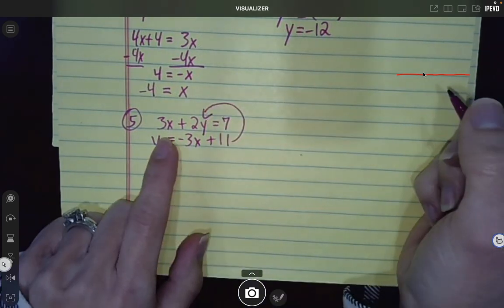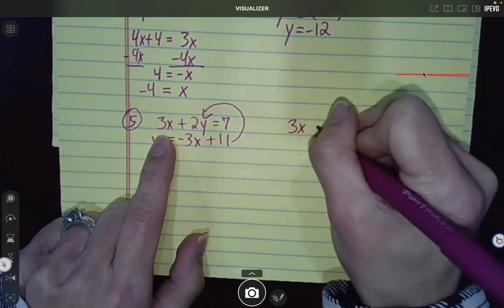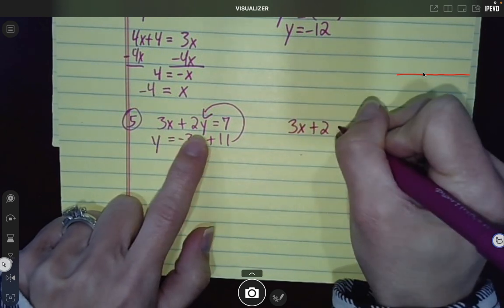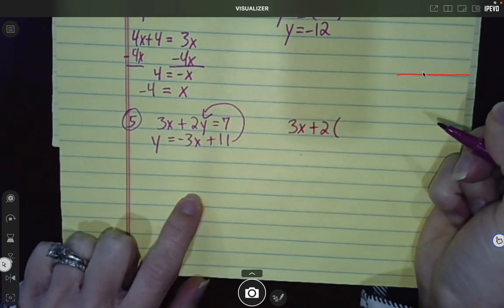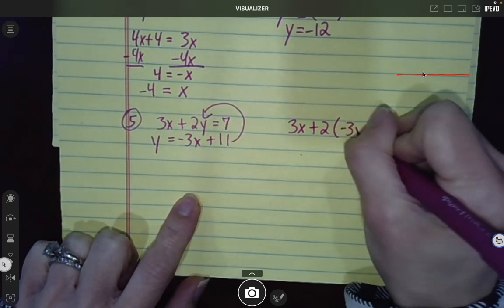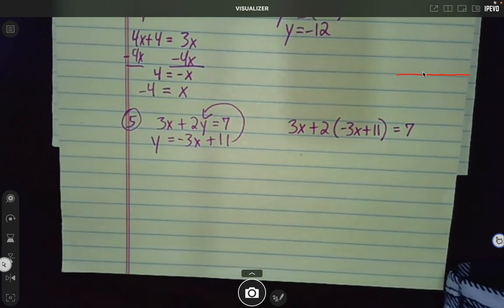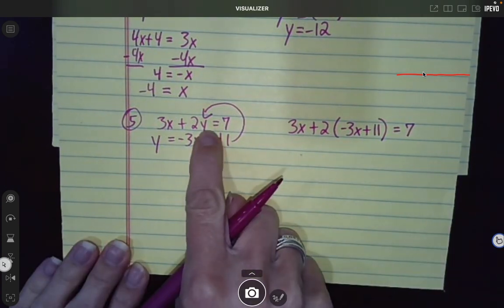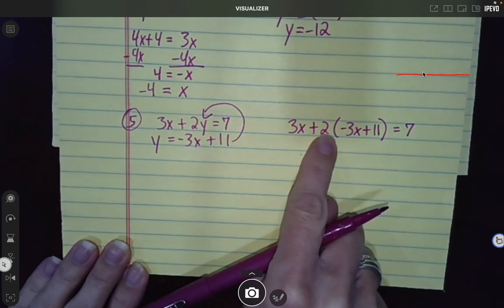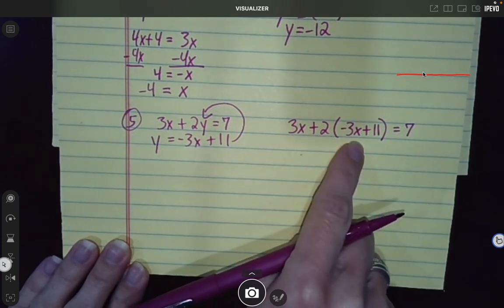Okay? So I'll write 3x plus 2 times what? What does y equal? Negative 3x plus 11. Does everybody understand that? Yes, no? I just took what y equals and I plugged it in right there. Instead of 2 times y, it's 2 times what it equaled.